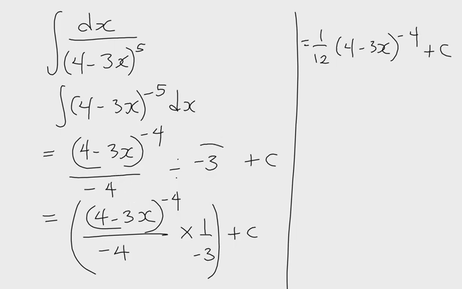And then this minus 3 is from here, because that is what is multiplying the variable. So this becomes 1 divided by 12 times 4 minus 3x to the power minus 4, plus C. So that's the answer to that question.